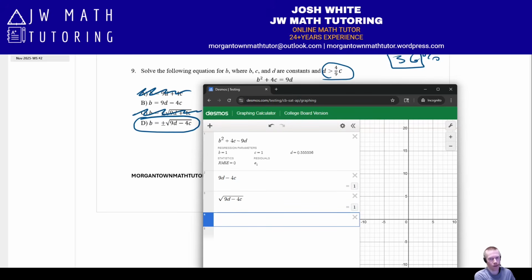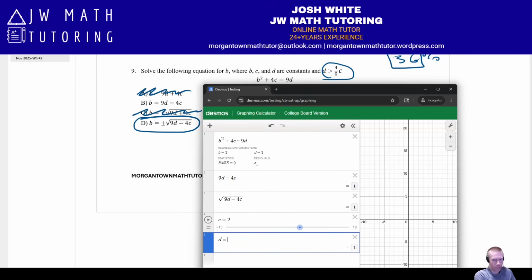So let's say I'm going to let C equal 2. Notice it doesn't change my B value. What about if I make C equal 2 and now D equal 1.5? Perfect.